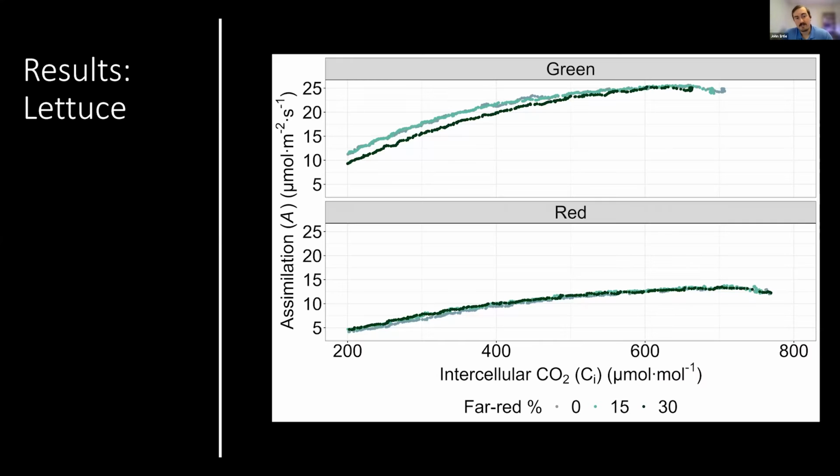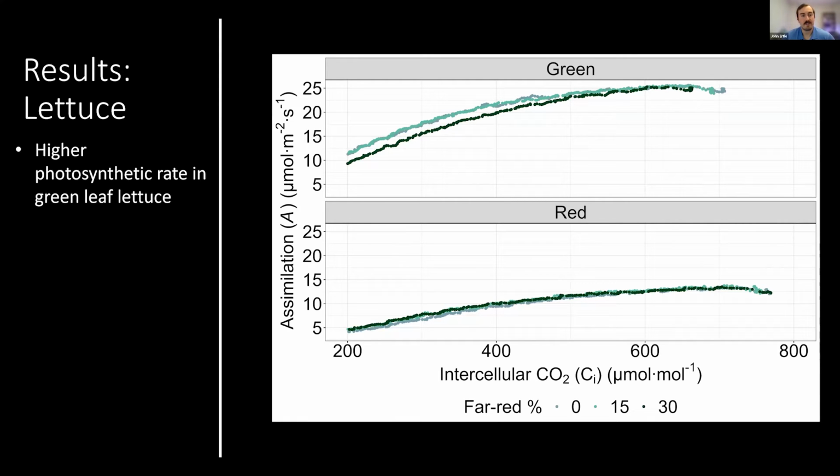So now we're going to get into some of these results, and I'll just go by species down this list, and then we'll wrap it up with a few conclusions. When we look at green versus red leaf type lettuce, green on the top and red on the bottom, again we have our assimilation on the y-axis and our Ci on the x-axis.